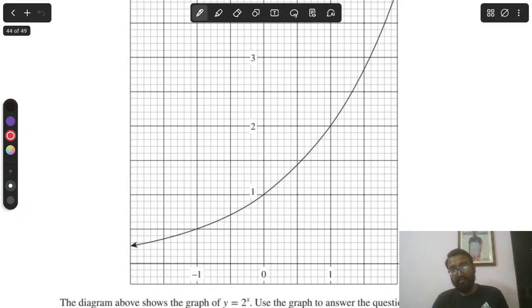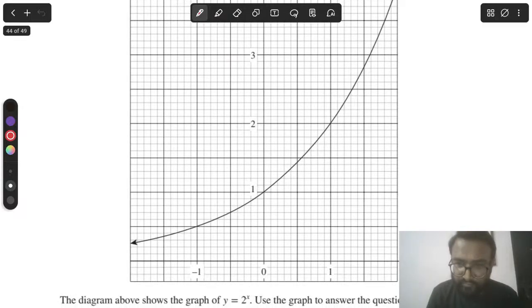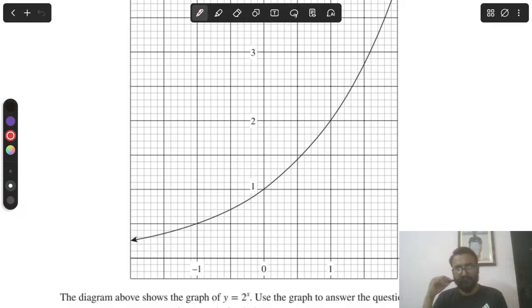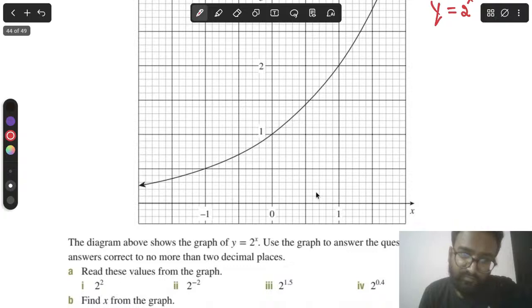This is a graph of y equals 2 power x. So where will 2 power 2 be?